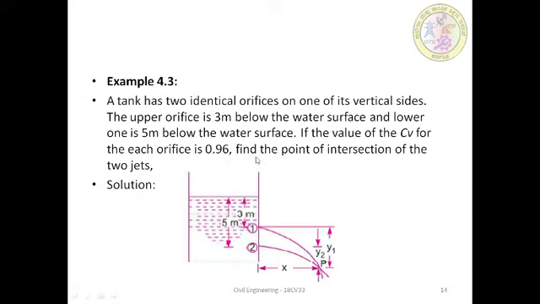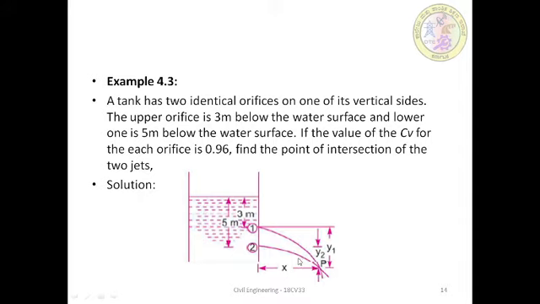Here it is asked to find the point of intersection of the two jets. The point of intersection means both the x position as well as the y position. One, y1, is measured from the first orifice and y2 is measured from the second orifice.